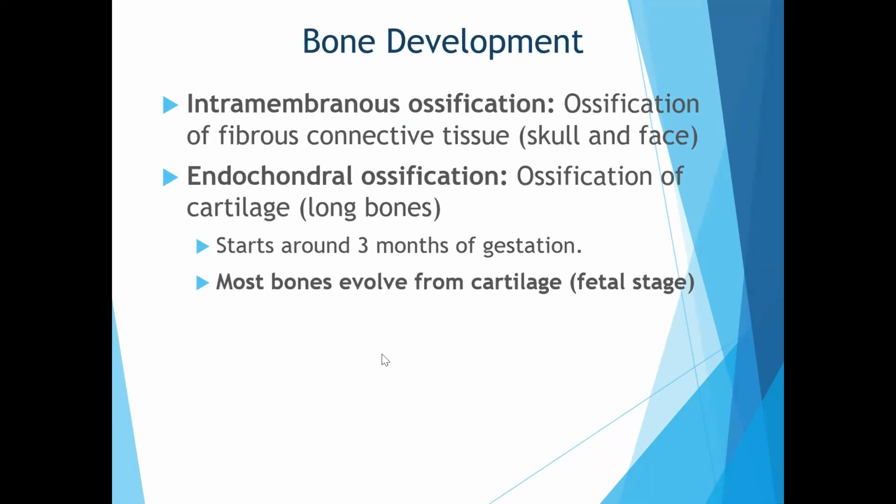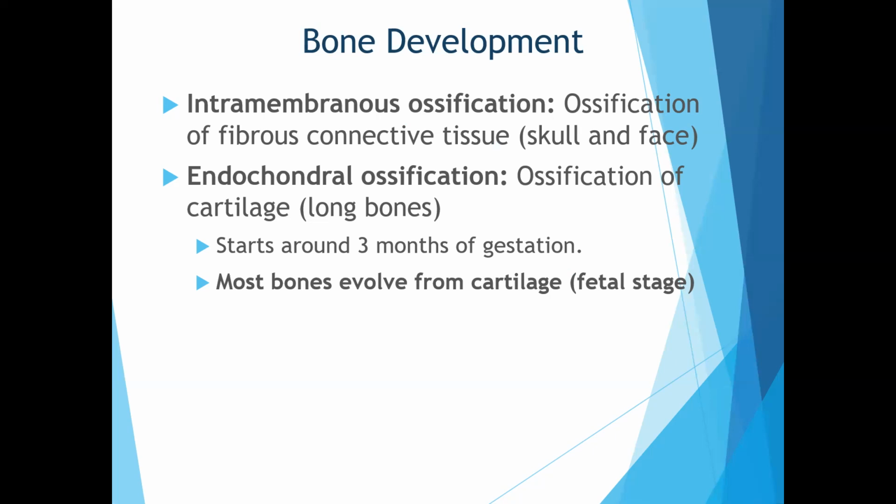Okay, we're going to talk a little bit more now about bone development and growth. This is done two different ways. So you have what's known as intramembranous ossification, and that's the ossification of fibrous connective tissue. This doesn't happen super often in the body or at a lot of spaces.